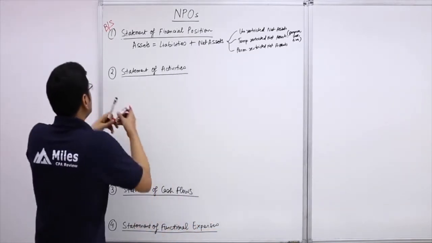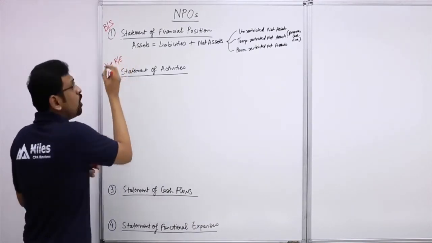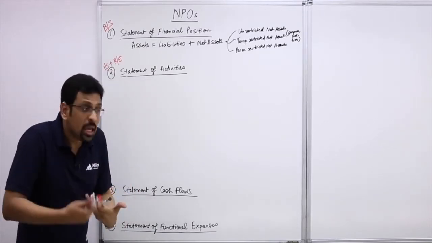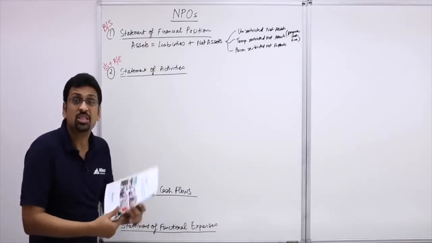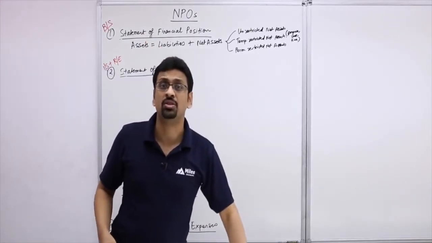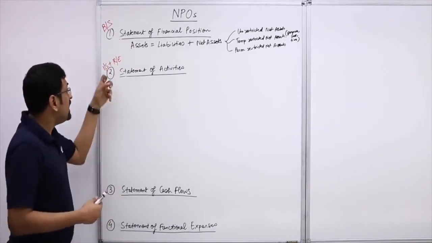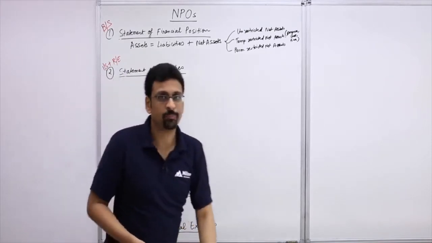So this statement is not only their income statement, but also sort of their retained earnings. I'm just putting these names so that you're able to compare the not-for-profit organization financials with commercial entity financials. So instead of balance sheet, they've got a statement of financial position. Instead of income statement and retained earnings, they've got a statement of activities.